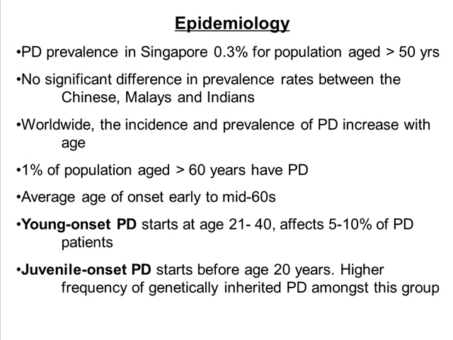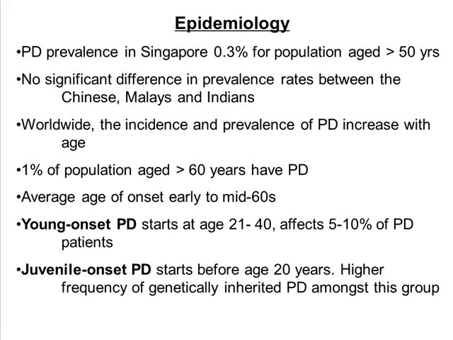And the prevalence of 0.3% is about the same worldwide. In papers which were written in the Western countries, this is about the same prevalence. And if we have hit the age of 60, then about 1% of this population would have Parkinson's disease.